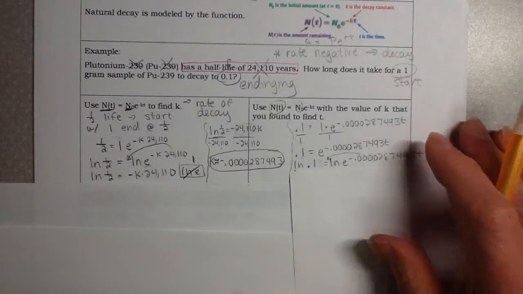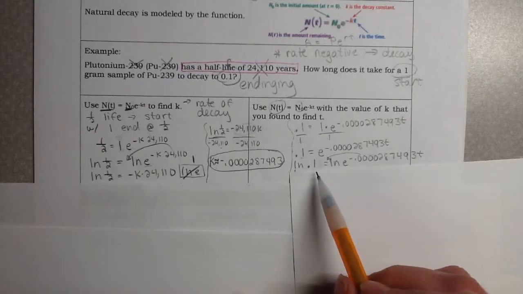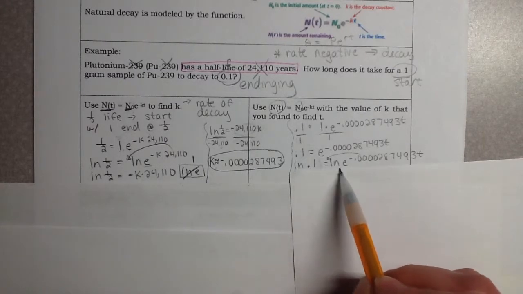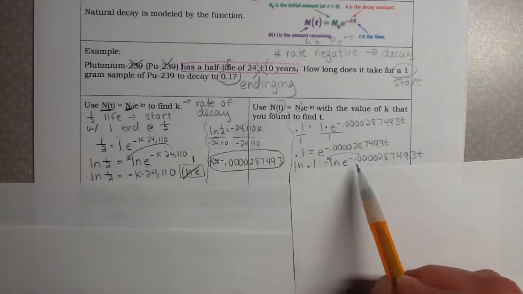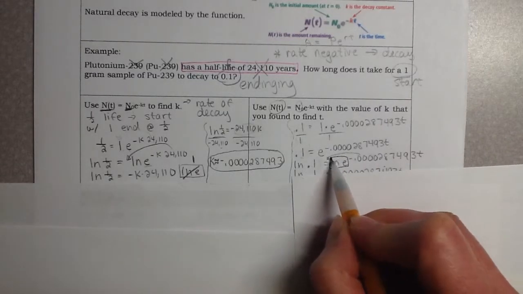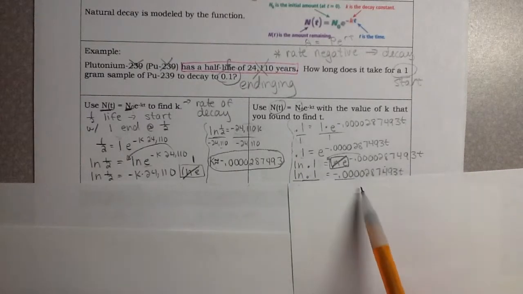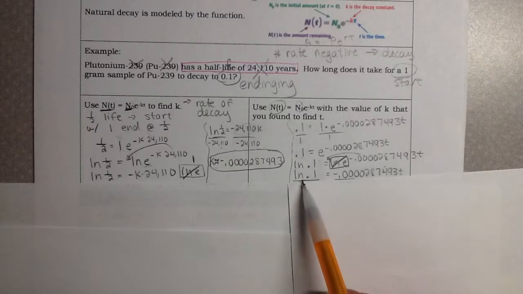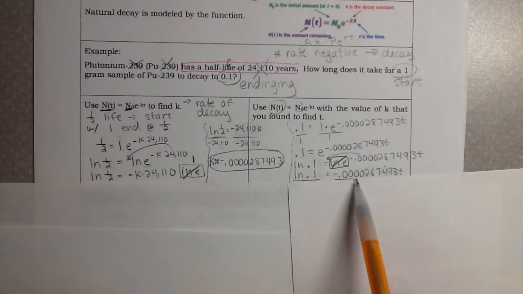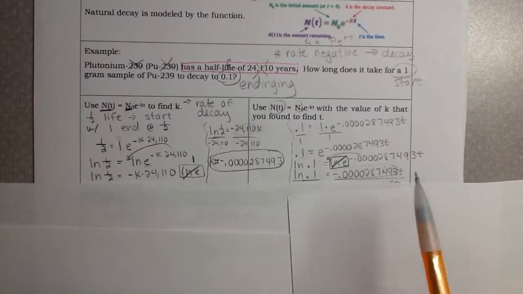All right, now I'm going to add a natural log because we have e. Again, if it was base 10, we would add log. Natural log to both sides, and then I can move this value out in front. And when we have these two next to each other, remember that equals 1, so we can just cross that off. And now I have negative kt equals the natural log of 0.1. So I'm going to divide by this value on both sides.